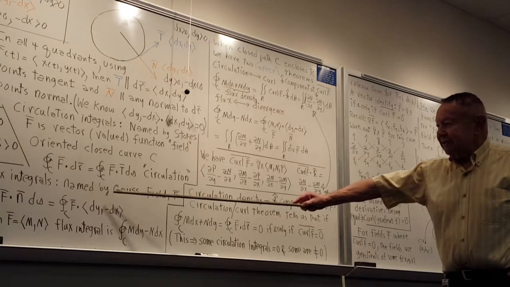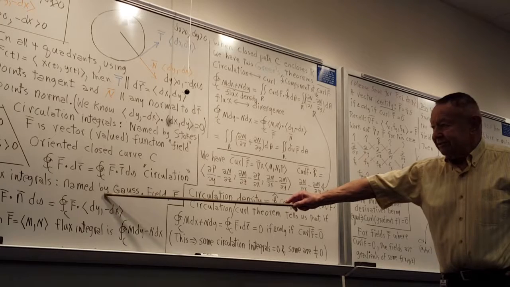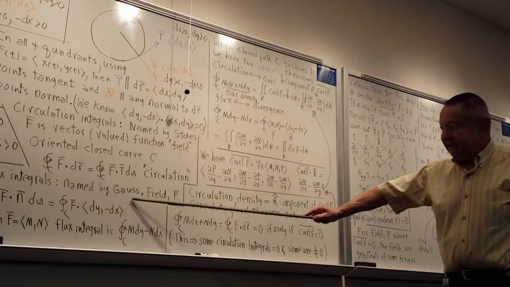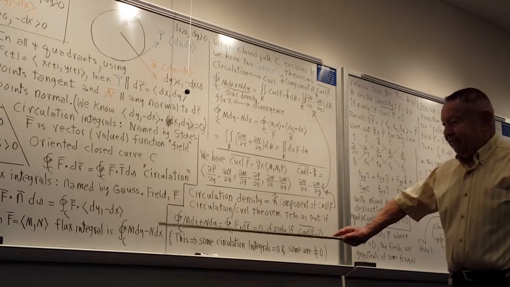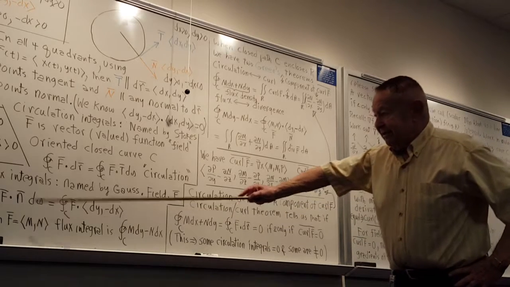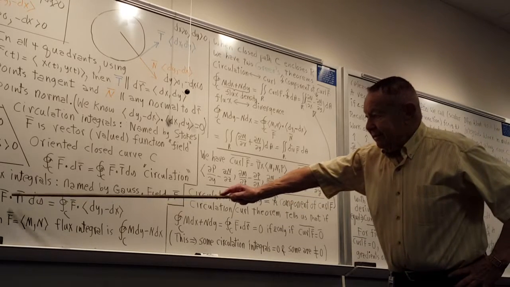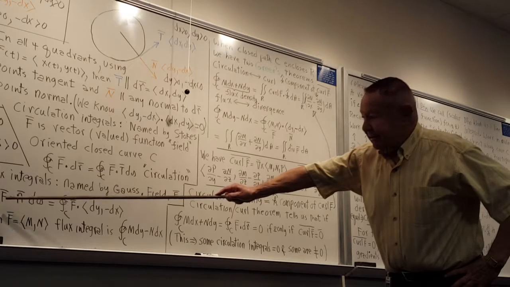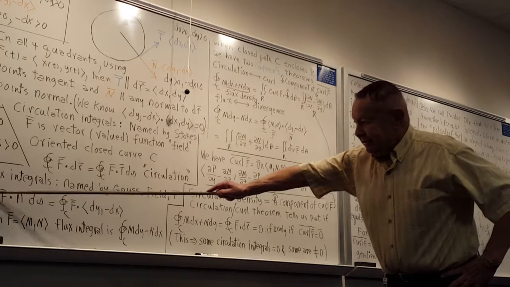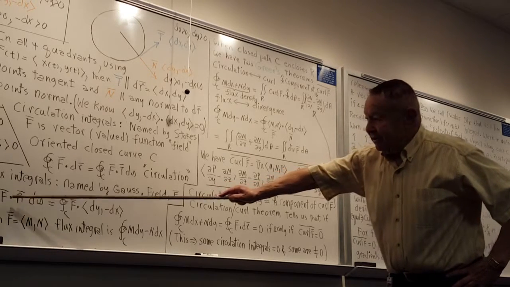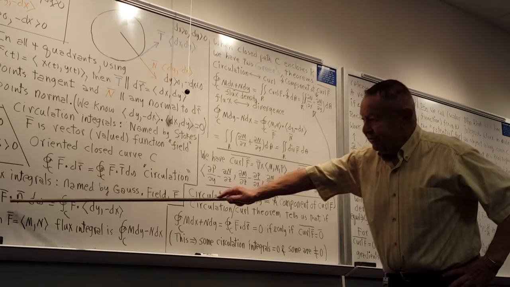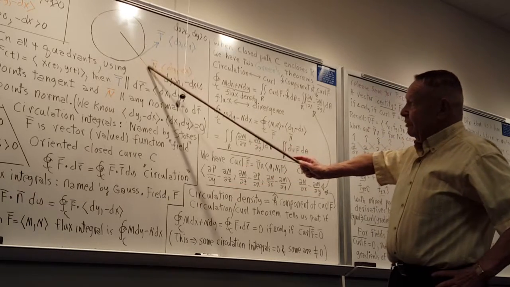Then we also have what are called flux integrals. Gauss named that for a field, and that would be in the plane, the integral typically taken in the counterclockwise sense of the field dotted with this outward normal.